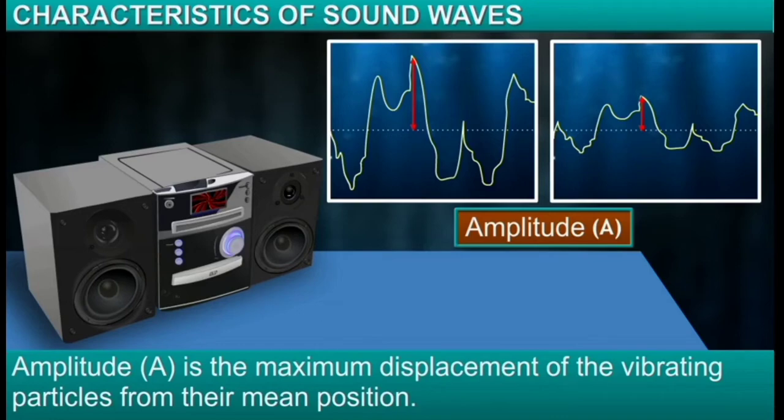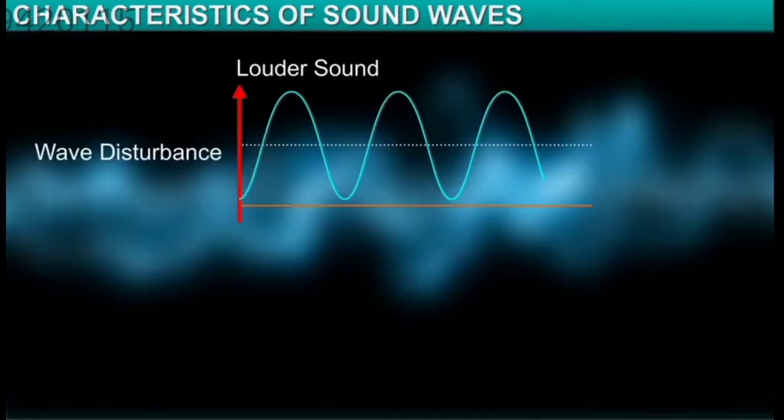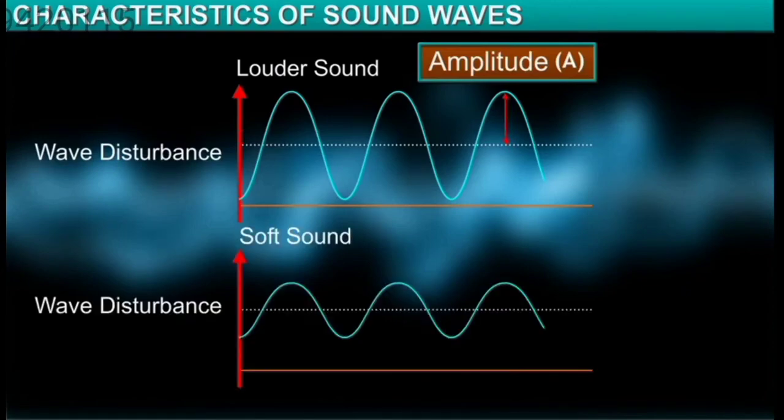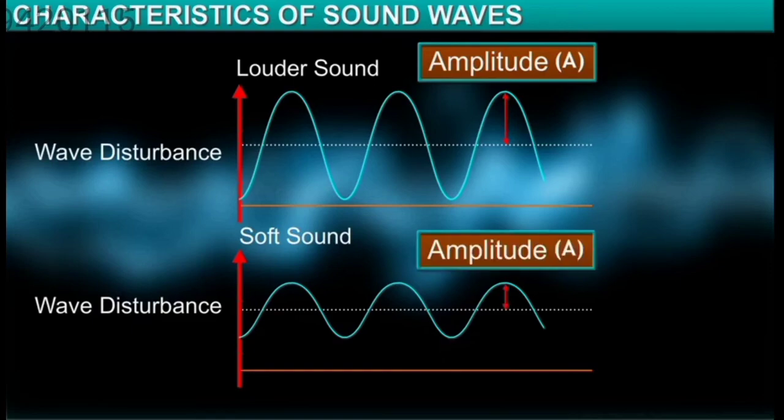It is represented by the letter A and depends on the force with which an object is vibrated. The greater the amplitude, the louder the sound heard, and the lesser the amplitude, the lower the audibility of the sound.